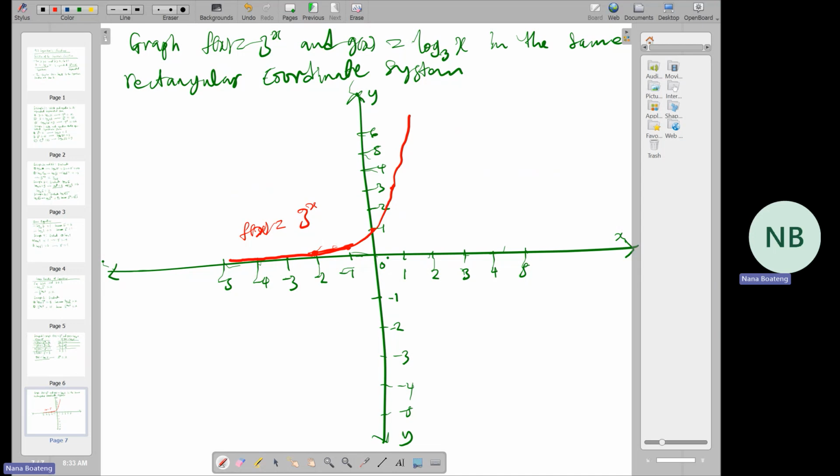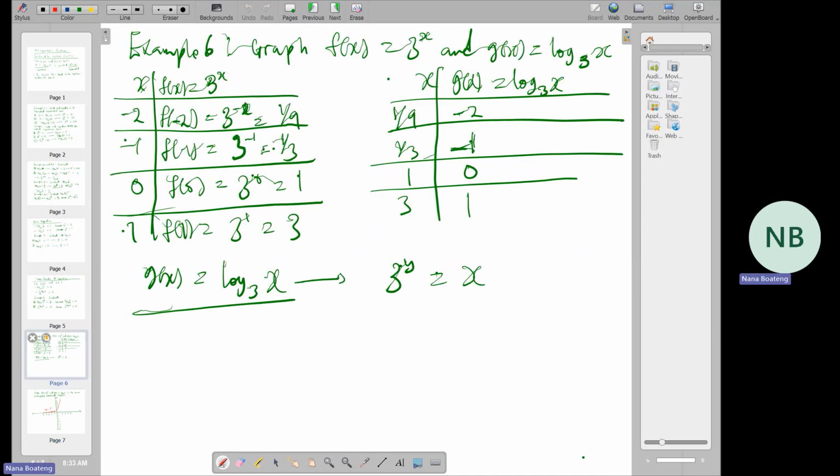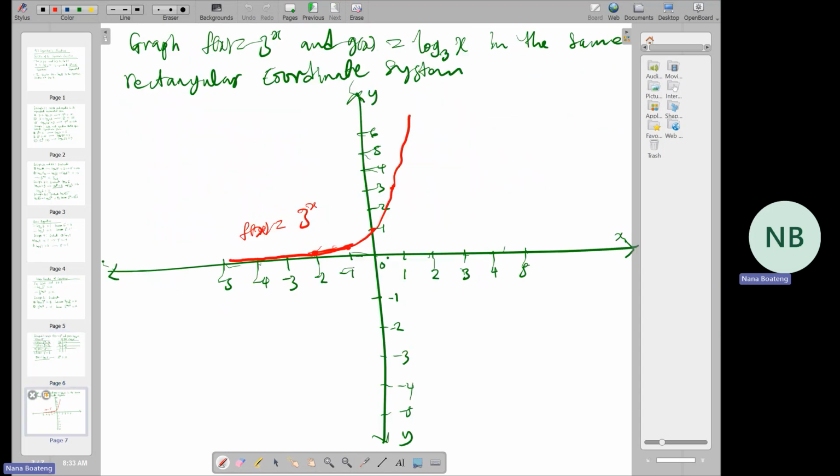So when x is 1/9, y is -2. It's about this point.